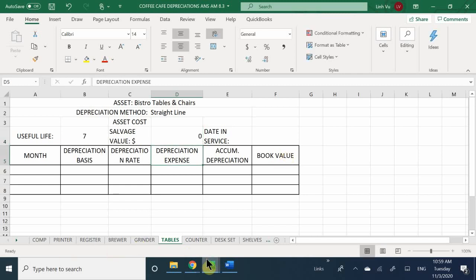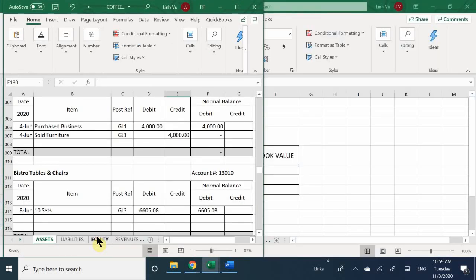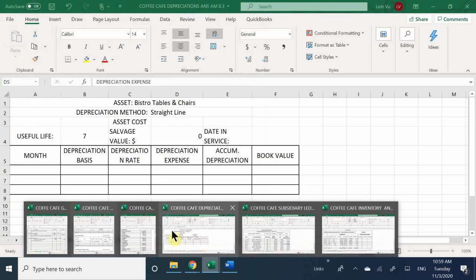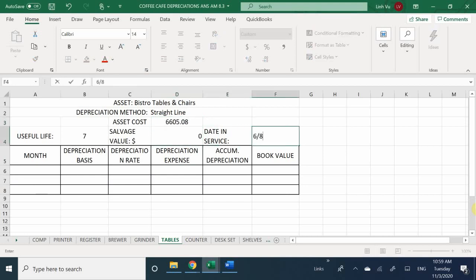When did I purchase, and how much did I purchase my tables and chairs for? 6605.08 on June 8th.